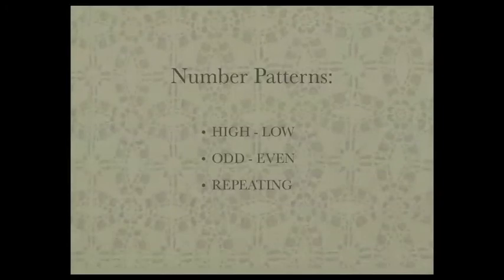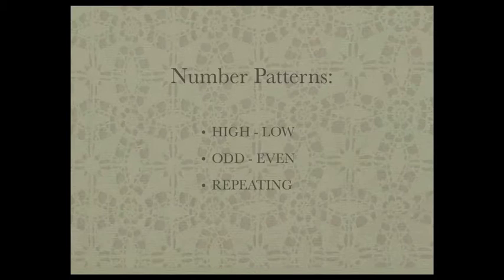Let's go on. Okay, so there's 3 things we're looking for when we're looking for number patterns. High and low cards, right? High numbers versus low numbers. Odd numbers, like we just had, versus even numbers. And repeating numbers, when more than one card of the same number shows up.